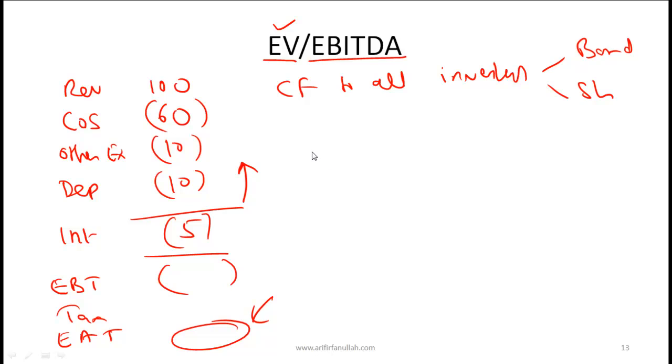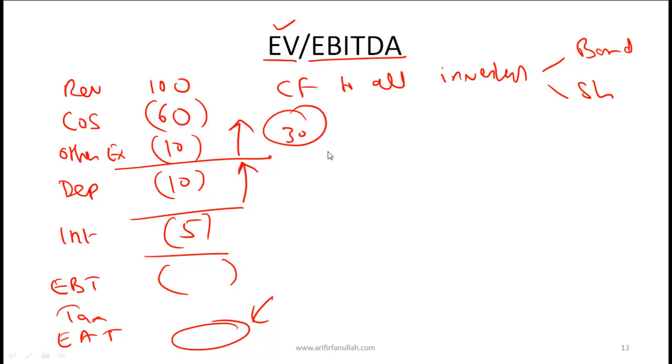Then, since we are concerned with cash flow and depreciation is a non-cash charge, we should actually be concerned with this number above here. So as far as we are concerned, in this particular case, EBITDA is simply going to be 100 minus 60, which is 40, minus 10, which is 30.